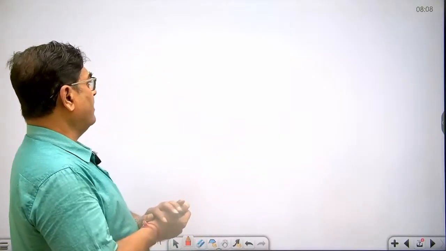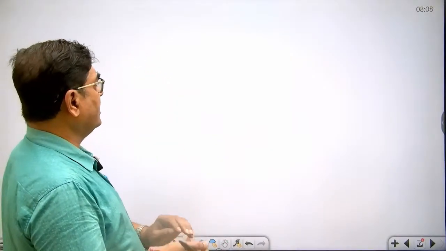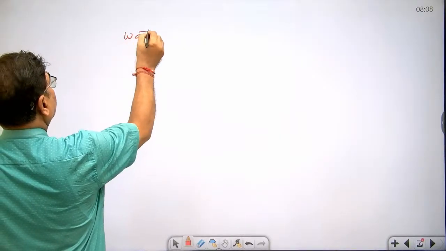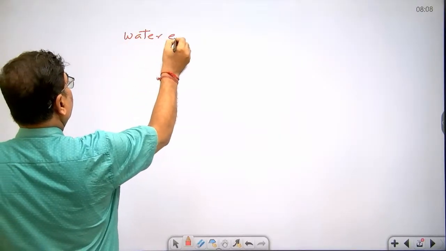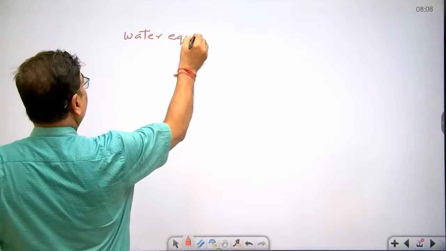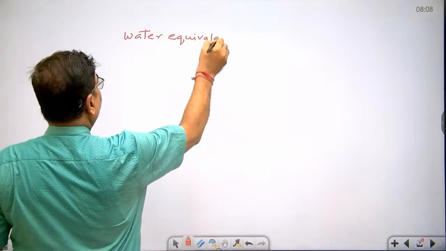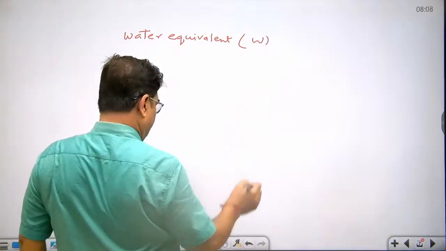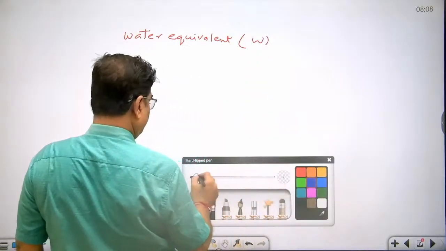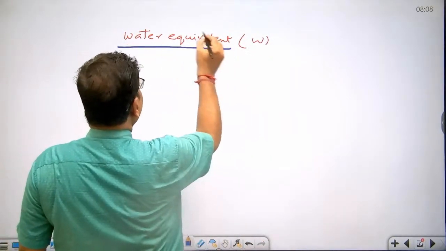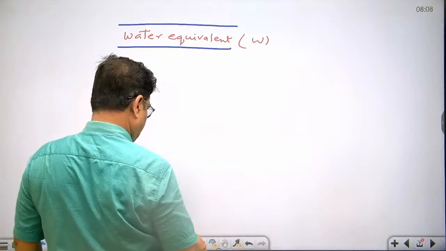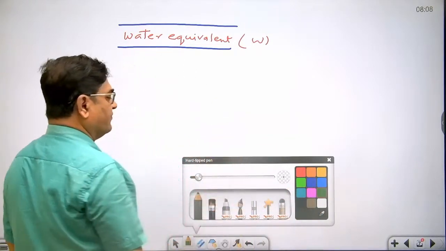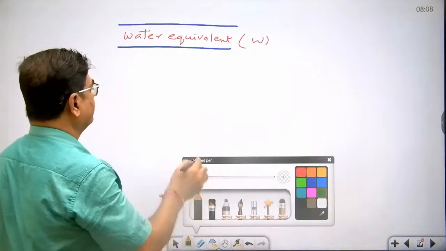now dear student, we will learn about water equivalent. Water equivalent. It is written by letter W. See, what is water equivalent of a given substance?